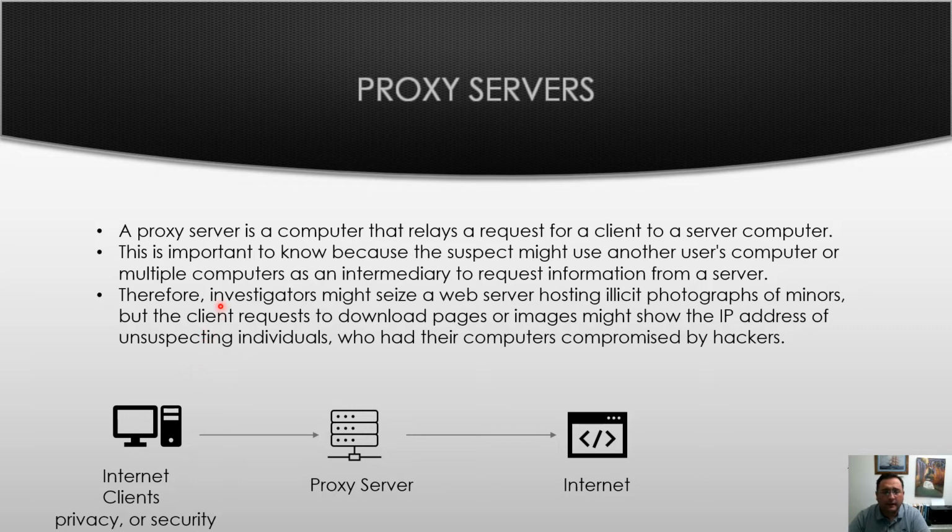So this is important to know because the suspect might use another user's computer or maybe multiple computers as an intermediary to request information from a server. And hence, investigators might seize a web server hosting illicit photographs of minors, for instance, in this case, but the client request to download pages or images might show the IP address of unsuspecting individuals.